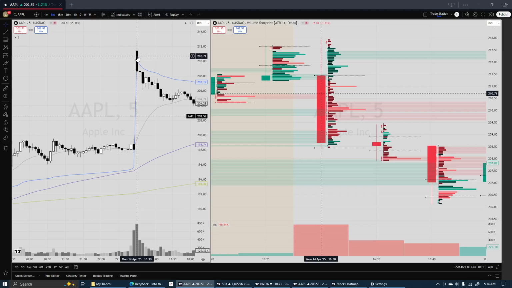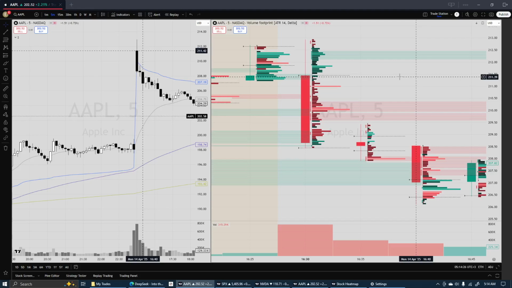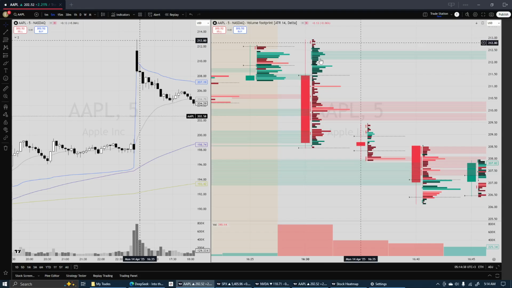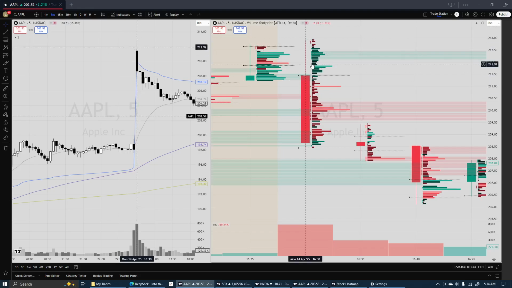What I wanted to know was, isn't volume footprint supposed to give me additional information? This is the delta volume footprint graph. Isn't it supposed to show here that there was an incoming selling pressure that drove the price down? But the delta volume footprint is not telling me that here.